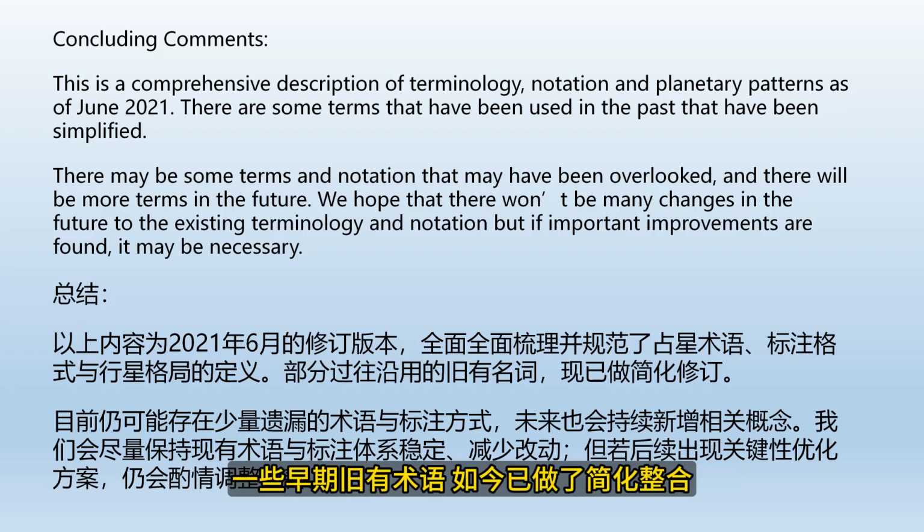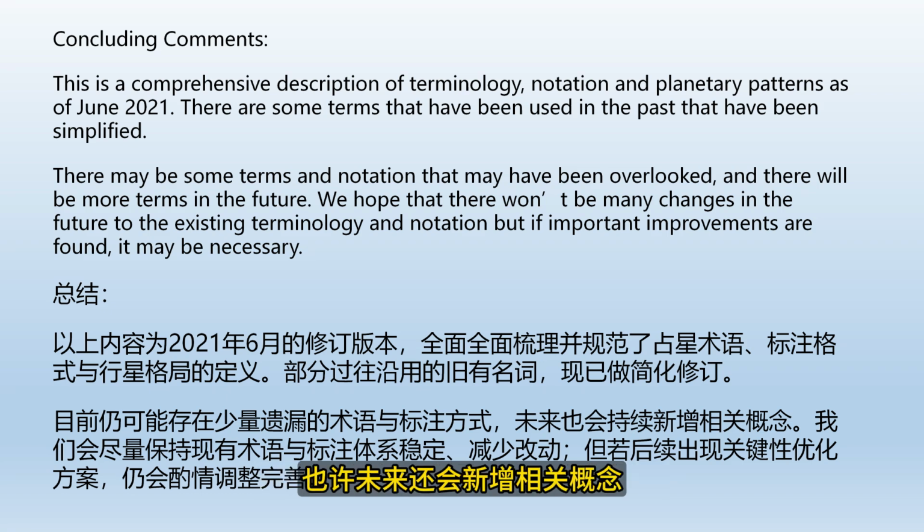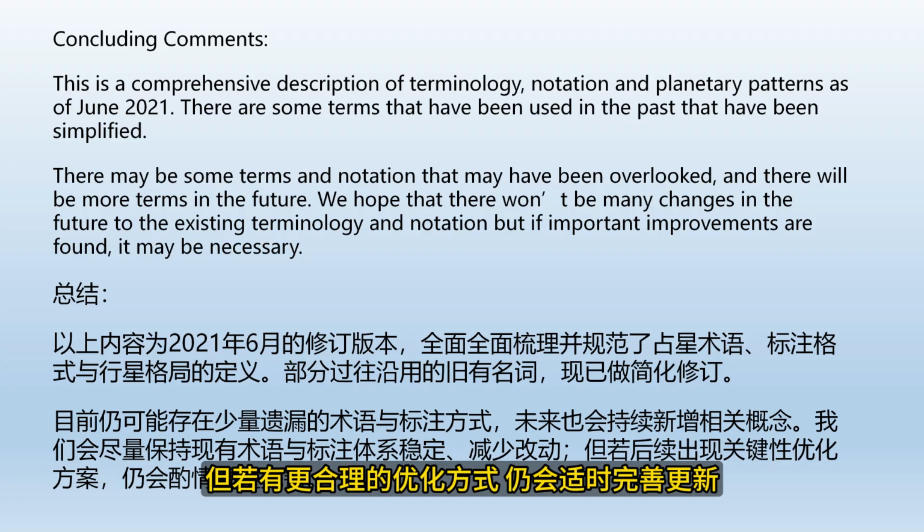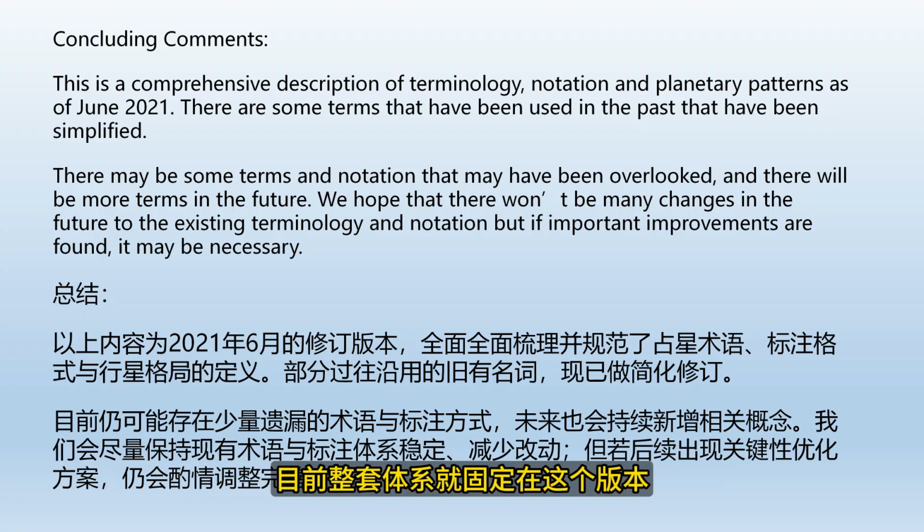There are some terms that have been used in the past that have been simplified, as I've mentioned. There may be some terms and notation that may have been overlooked, and there will be more terms in the future. We hope that there won't be many changes in the future to the existing terminology and the notation, but if important improvements are found, it may be necessary. This is where we're at right now with this.